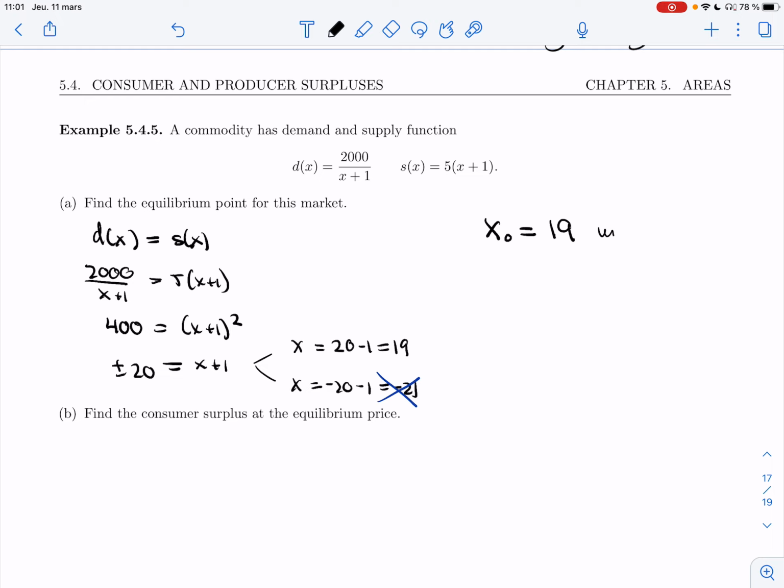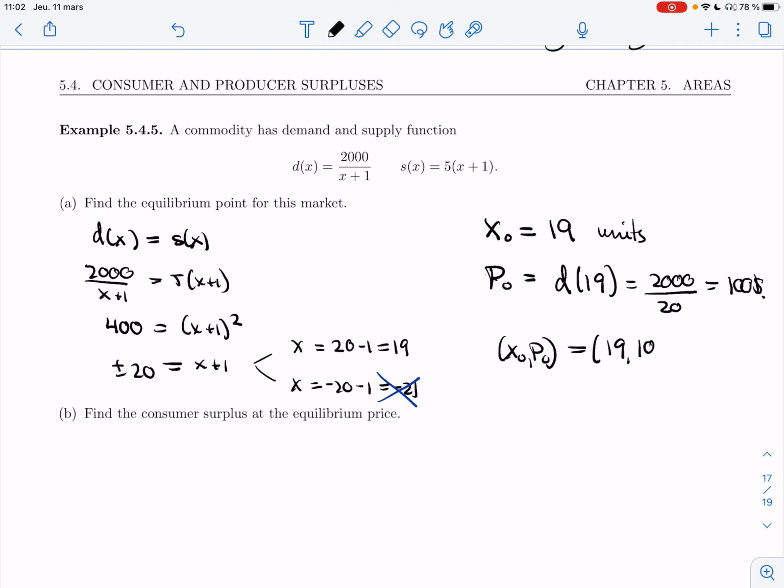So 19 units. And for those 19 units, the price would be, I could put it into either. If I put it into D, I'll get 2,000 divided by 20. I'm going to get 100. And so my equilibrium point is (19, 100).